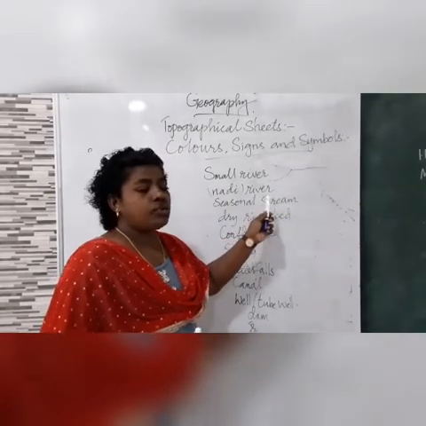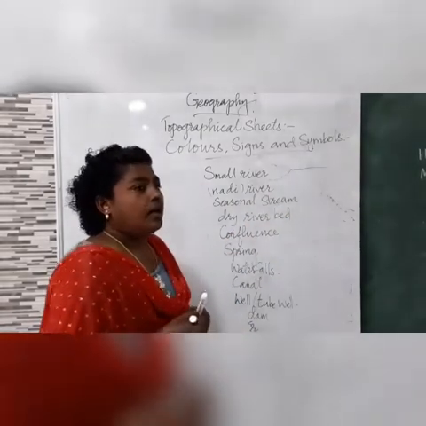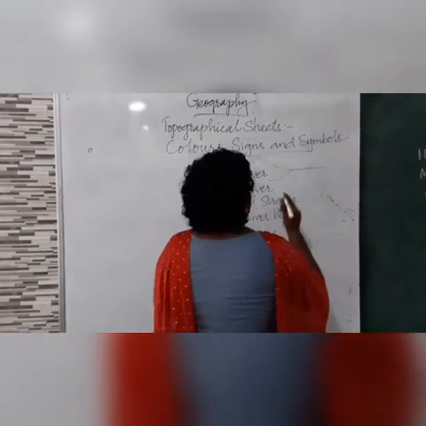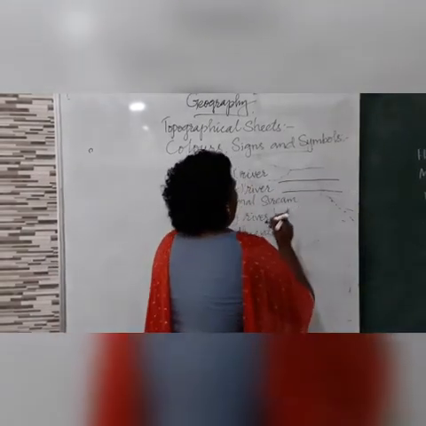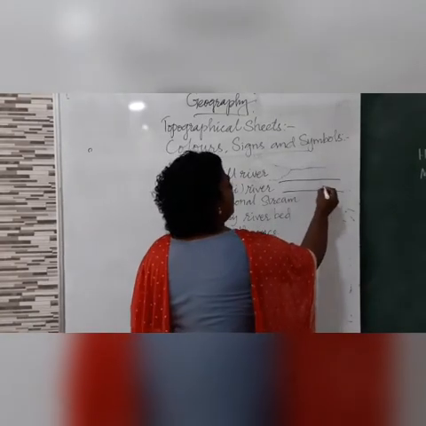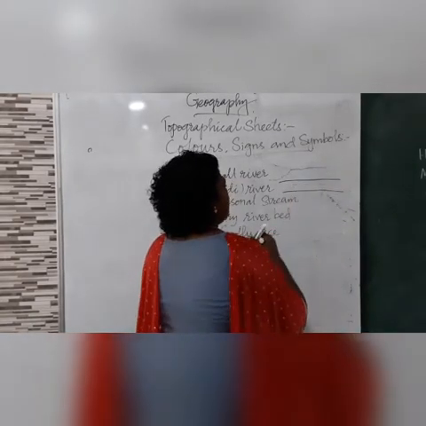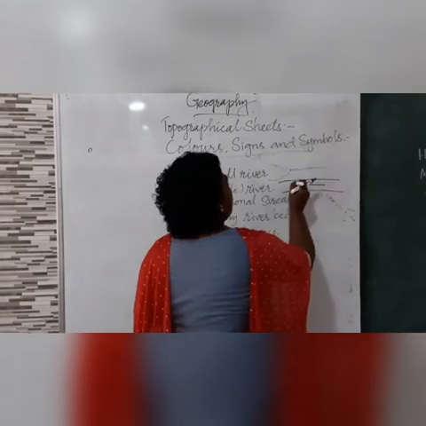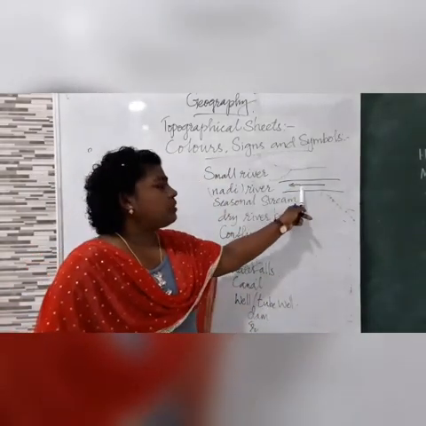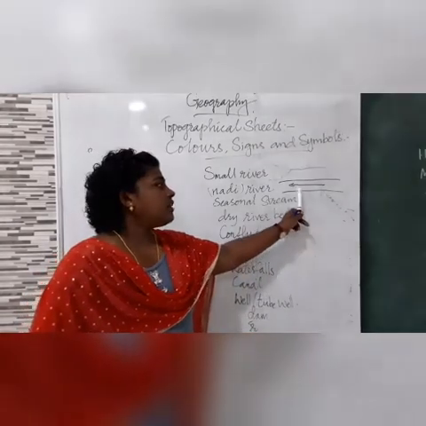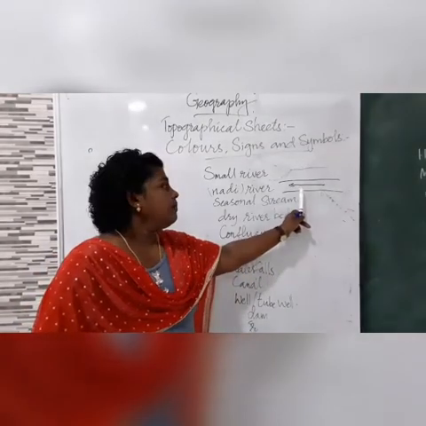And a river also is denoted like this, with the water inside and some direction drawn with a black color. And what does the direction show? The direction of the flow of water in the river.